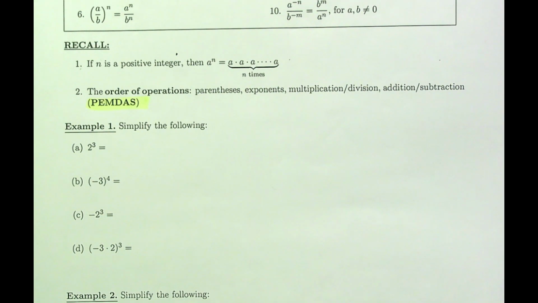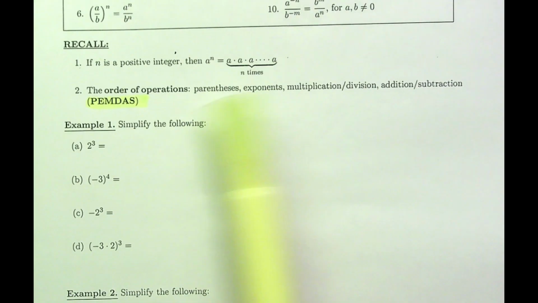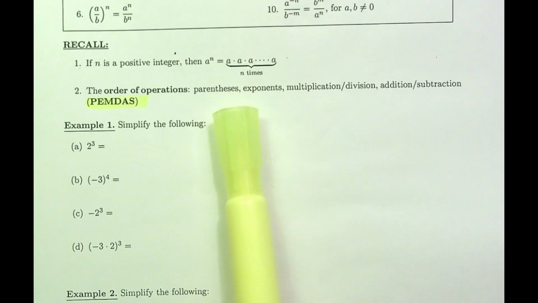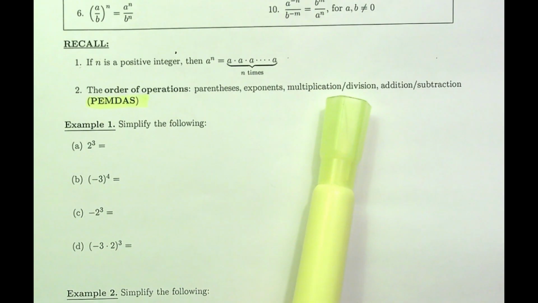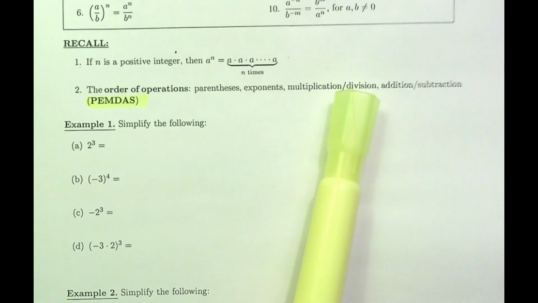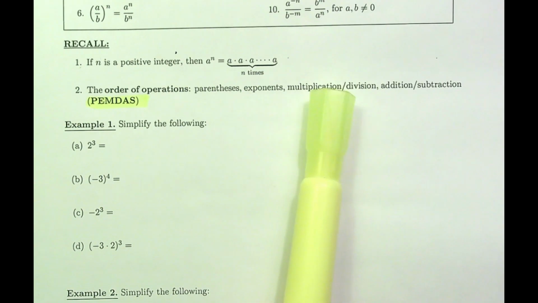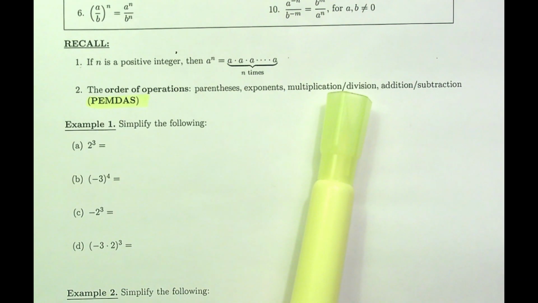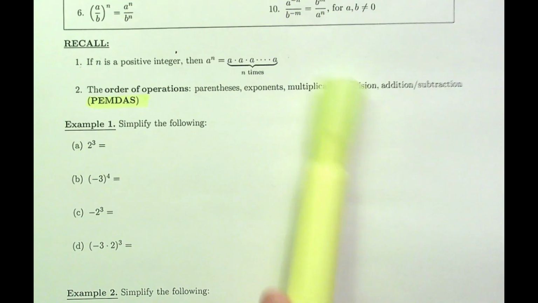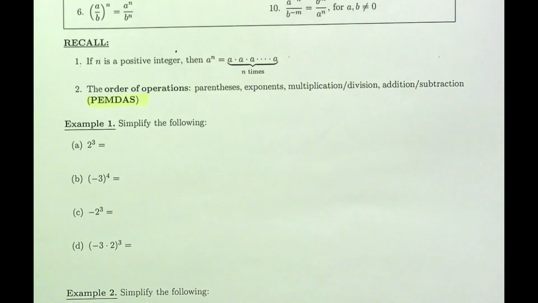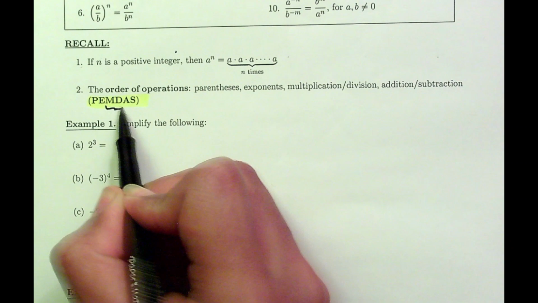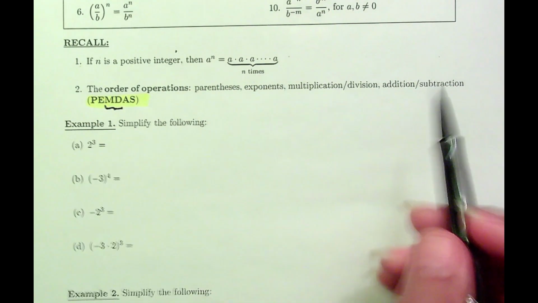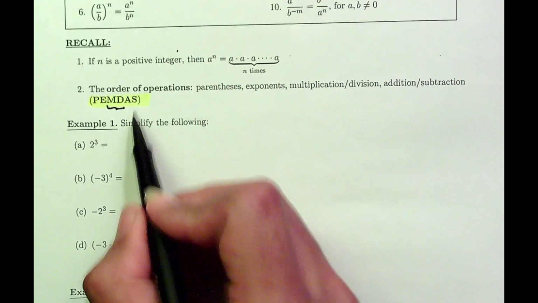And note here that parentheses and exponents are separated by a comma, but multiplication and division are not separated by a comma. They are separated by a slash, because that means multiplication and division actually have the same priority. They're like one thing. So the M and the D have the same priority, and similarly the addition and subtraction have the same priority.